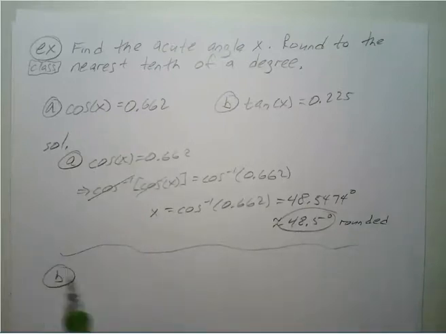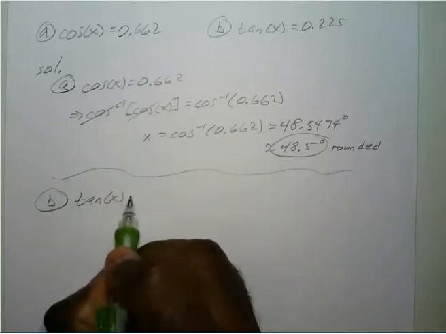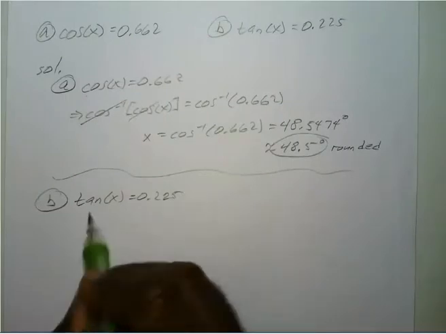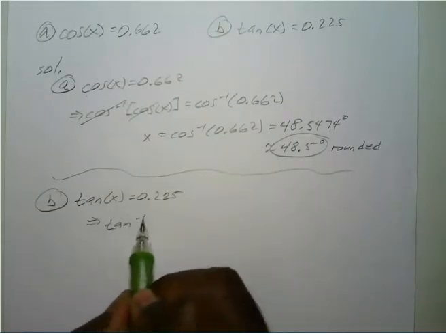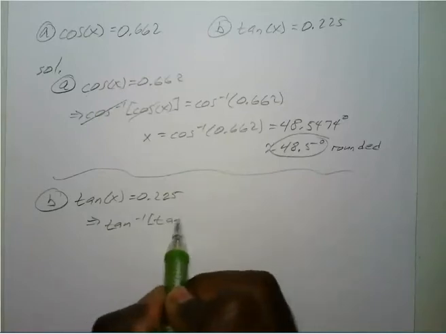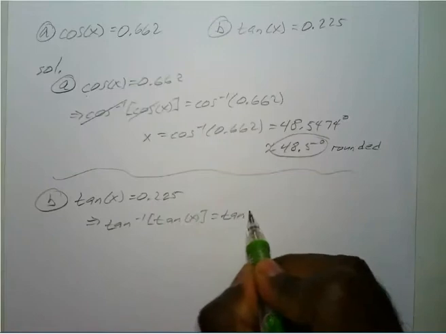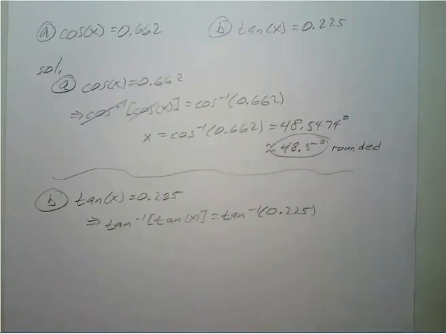Okay. So for B, you have tangent x equals 0.225. Apply tangent inverse to both sides. So tangent inverse of tangent x equals tangent inverse of 0.225, where the tangent and tangent inverse cancel each other out.